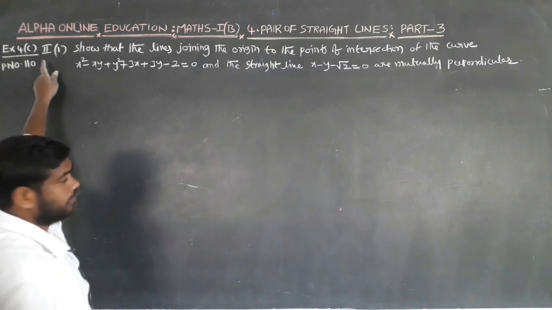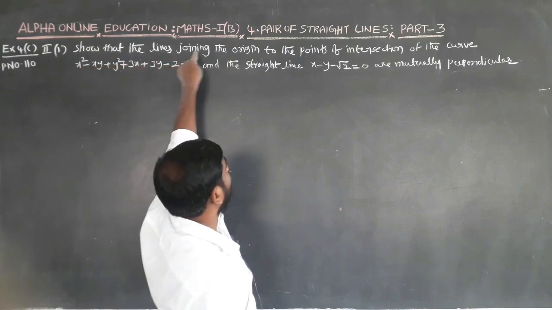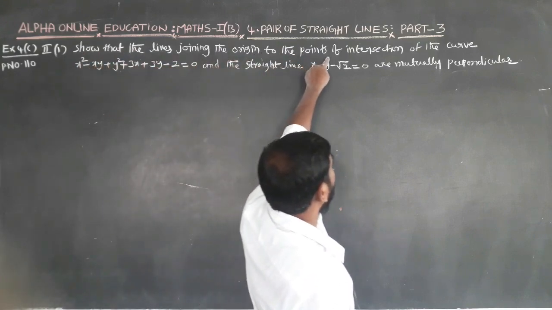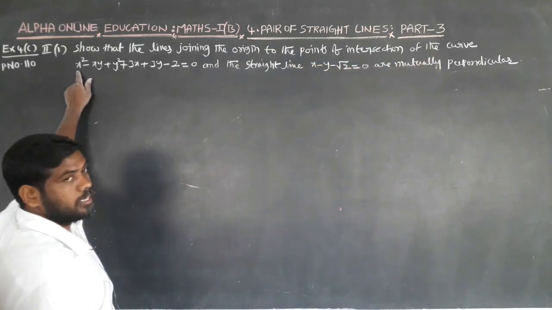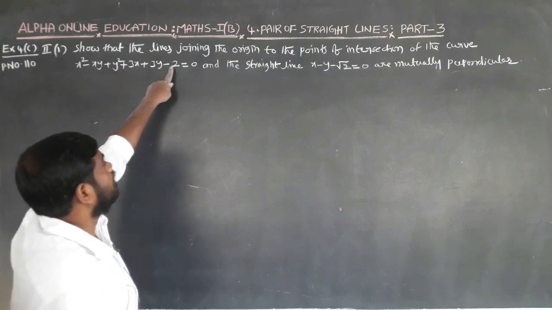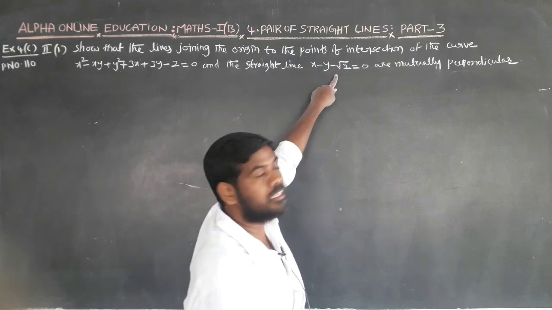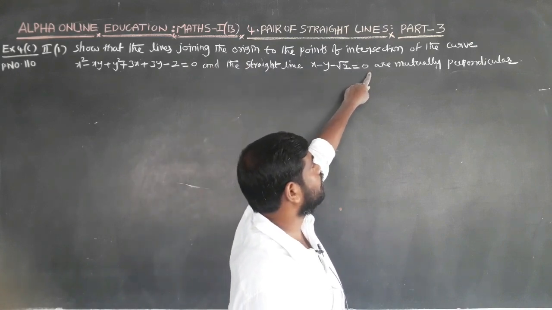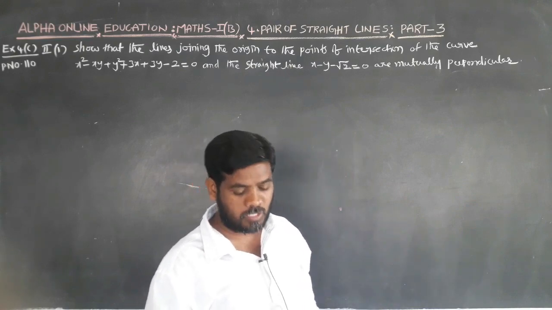Second bit, first problem: show that the lines joining the origin to the points of intersection of the curve x square minus xy plus y square plus 3x plus 3y minus 2 equal to 0 and the straight line x minus y minus root 2 equal to 0 are mutually perpendicular.